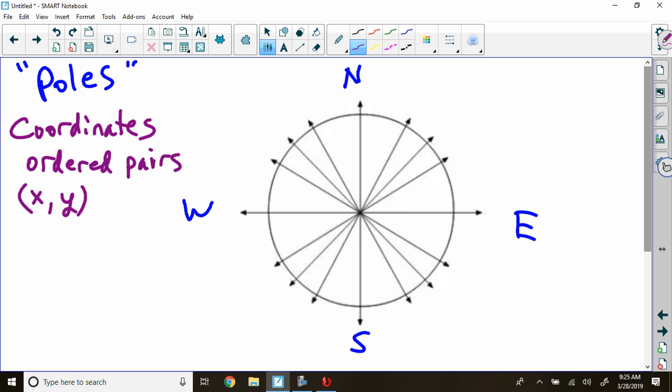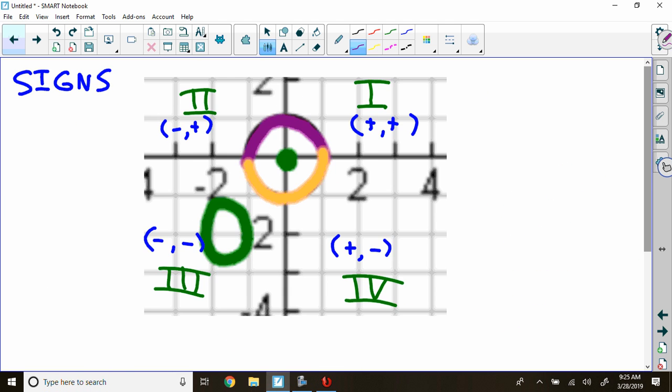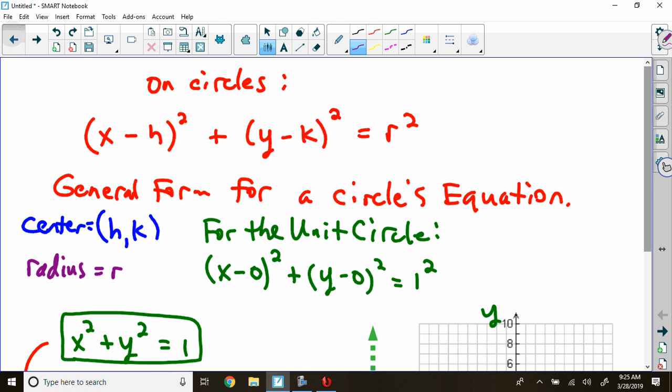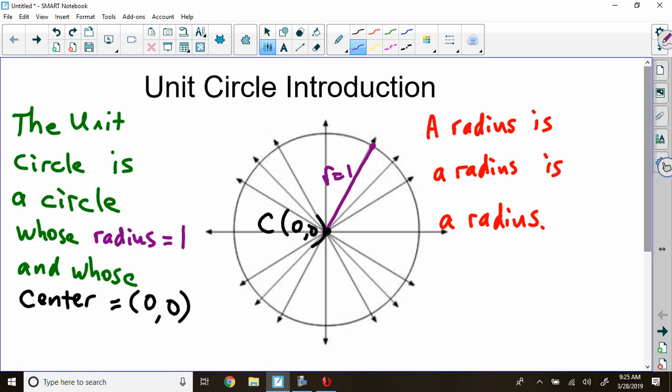So, maybe we should go back to the definition for a couple of seconds. The definition of a unit circle is that a unit circle is a circle whose radius is 1 and whose center has the coordinates 0, 0.